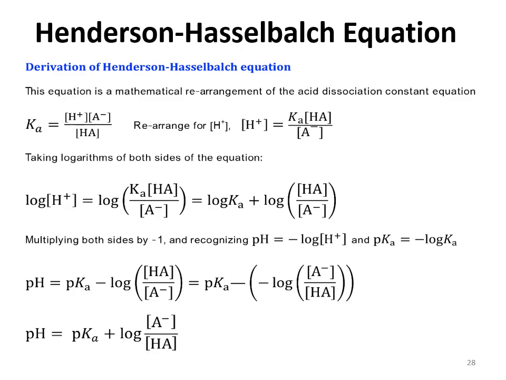We already know the acid dissociation constant equation: Ka is equal to the H plus concentration of hydrogen ion and negative ion, divided by the undissociated acid. After rearrangement, we have the hydrogen ion concentration on one side and the other side is divided by the negative ion.